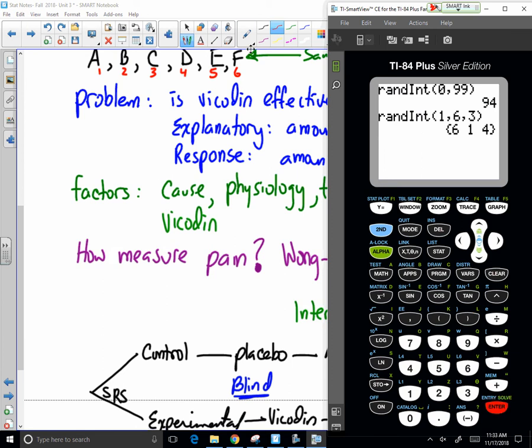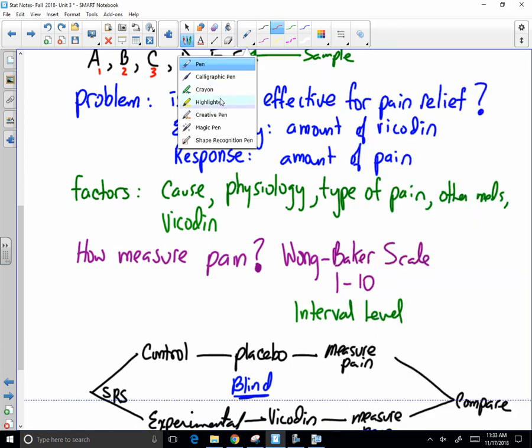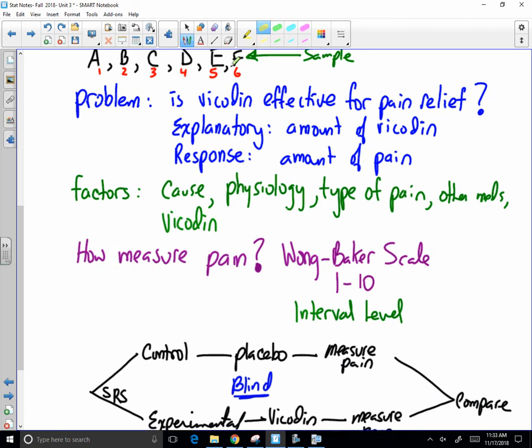So 6, 1, and 4. I didn't get a repeat, so 6, 1, and 4. Now these are the lucky or unlucky people, depending on how you look at it. Who's left over? 2, 3, and 5?